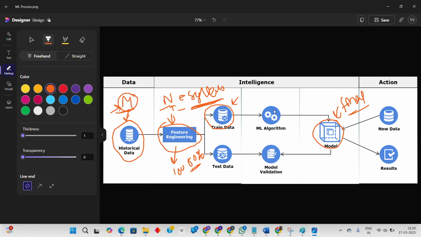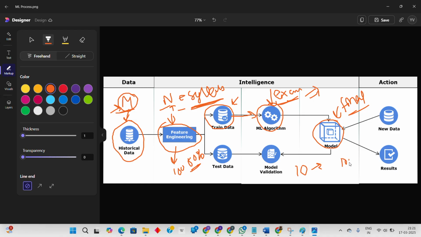Okay, so let us consider the training data and the ML algorithm. These two are nothing but whatever you have learned. Then an examination happens. For example, 10 questions are there in the examination, and every question has to be answered.